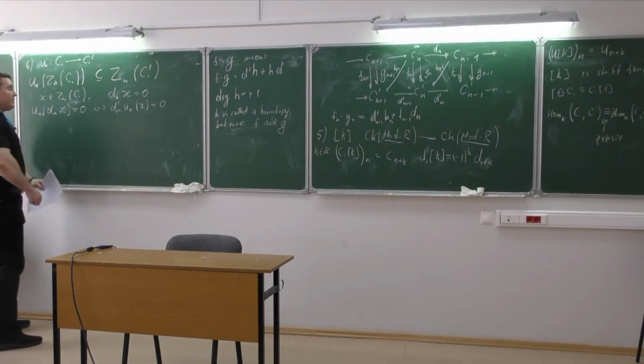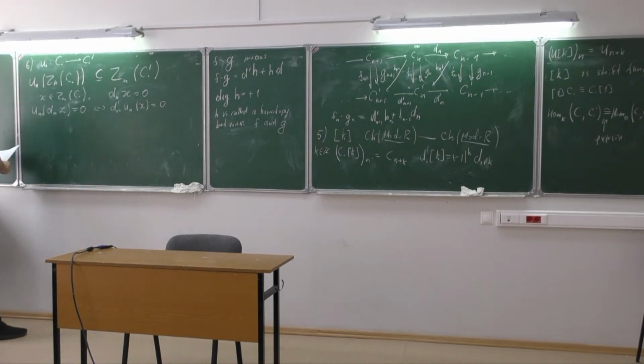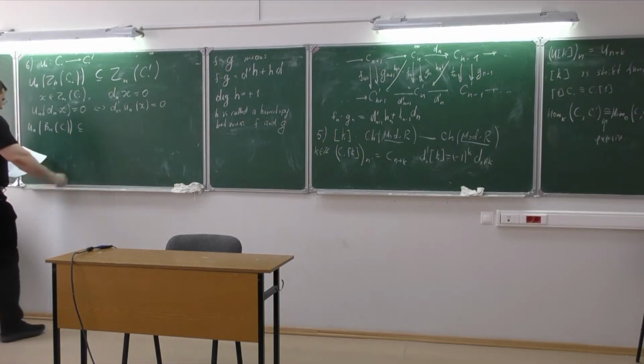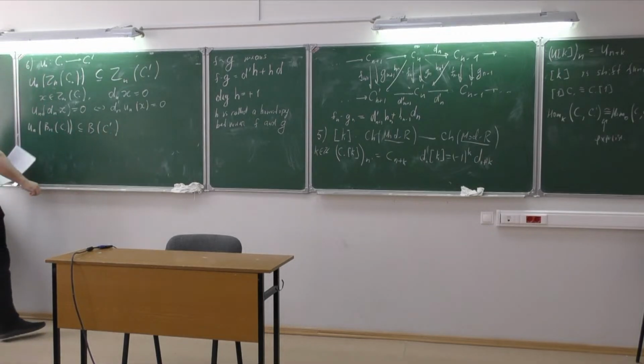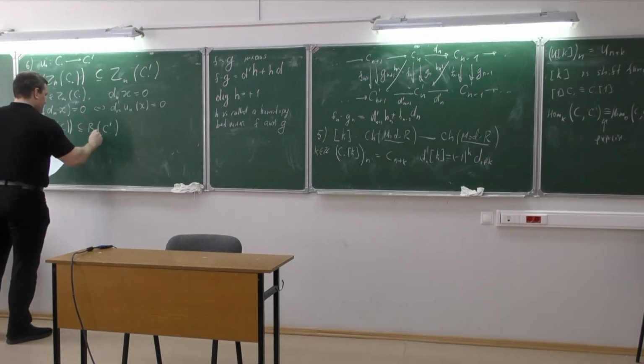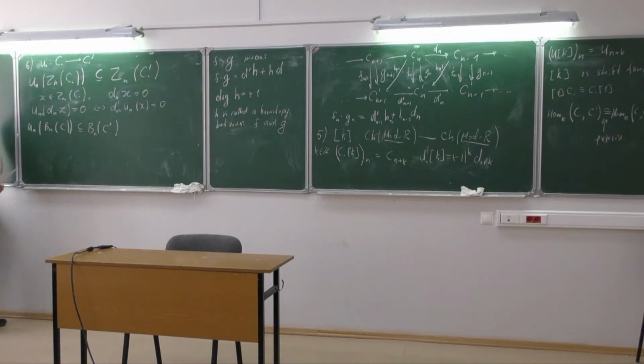So this thing is preserving cycles, and also it's preserving the boundaries. So un you apply to the boundaries of a complex, then you get some boundaries in the complex with the prime b n. The proof is more or less the same. Okay, so we can induce maps on the boundaries on the cycle.